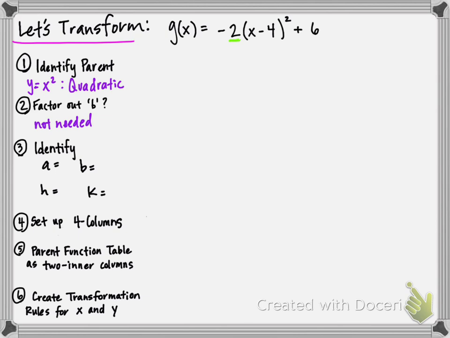So going back to number 3, so identify what is a. Well, a is negative 2. Now, b, we said nothing, no b. And is x a good thing to put there? I don't think so, because look at your problem. Isn't there an x in the problem?